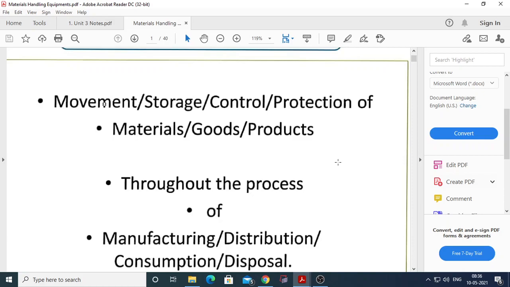Then the fourth one: the solution should not only resolve the immediate problem but also take care of the problem for a reasonably long period of time. It should be able to account for future expansion, or we can say modification, without unreasonable cost.